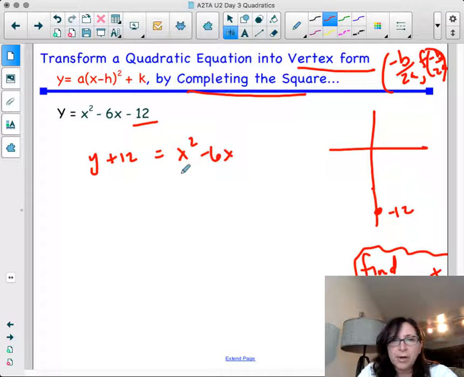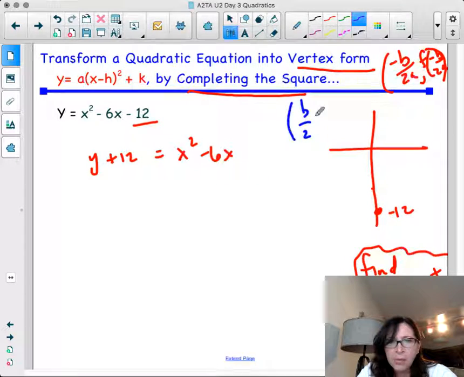And then in order to complete the square, two things have to happen. Number one, the coefficient in front of the x squared term has to be 1, which it is, so we're good. We're going to take half of the b term, which is -6, and then we're going to square it. And so half of -6 is -3.